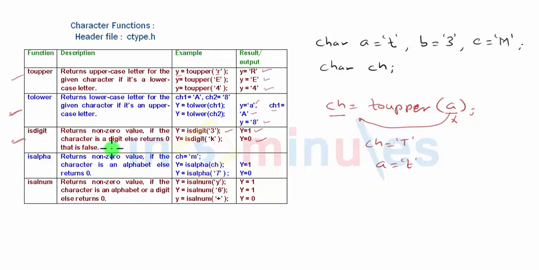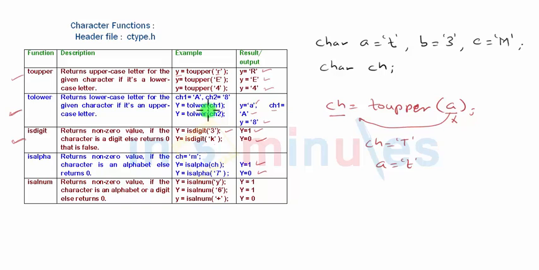isalpha: the function returns a non-zero value if the character is an alphabet, else returns 0. Now in this case ch is m, so y equal to isalpha of ch will give me obviously a non-zero value, that is y will be 1, and isalpha of 7 will give me 0 to say false.